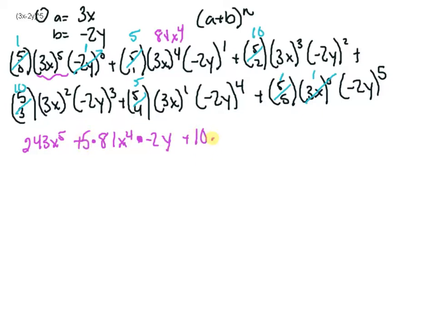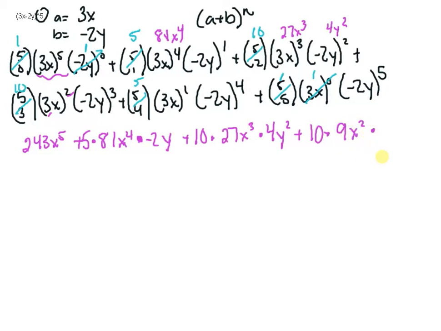Okay, so we have 10 times, what's 3 to the 3? I get 27, 27x cubed. And then we have, this would be 4y squared. Okay, and this is again 10 times what's 3 squared? I get 9, and then the squared is just on the x now.